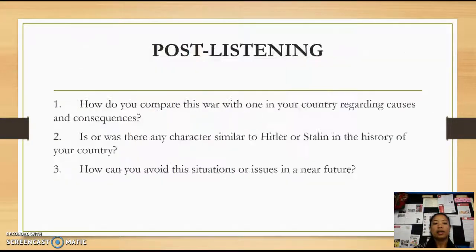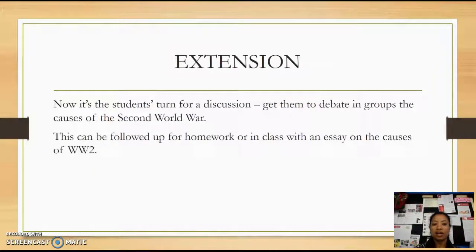Then they will have the post-listening, which will be the speaking part. They will have to answer these questions and talk to their partners about it. And finally, we have the extension in which they have to write an essay, for example, or they can give a presentation, whatever they prefer.